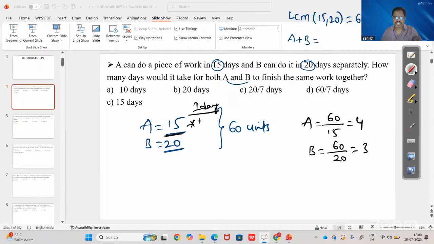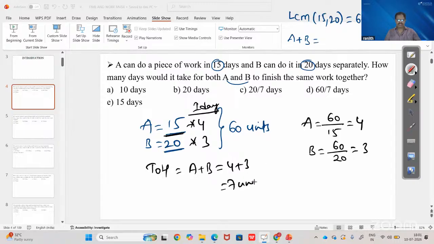So A equal to 4, B equal to 3. Efficiency of A equal to 4 units per day. Efficiency of B equal to 3 units per day. Then A and B together equal to 4 plus 3, which is equal to 7 units per day.